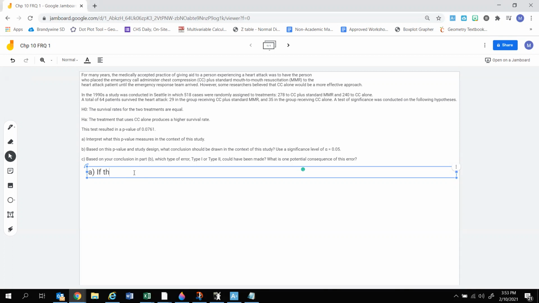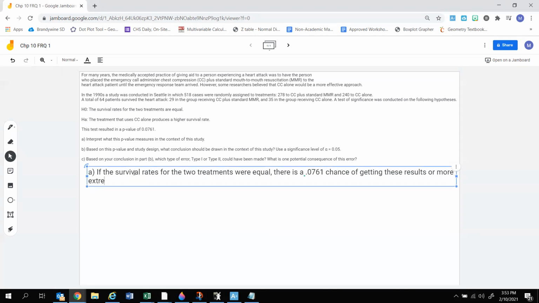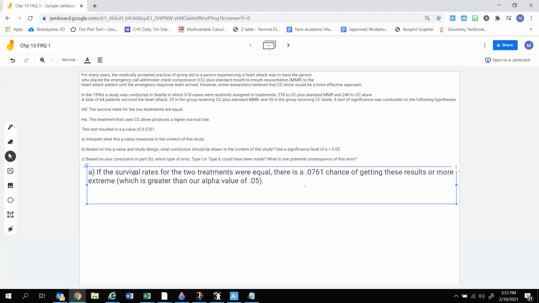So we're just going to say if the survival rates for the two treatments were equal, there is a 0.0761 chance of getting these results or more extreme, which is greater than our alpha value of 0.05. Do remember that if they don't give you an alpha value, you go with 5%. All right. So there you go. We've interpreted the p-value in context.